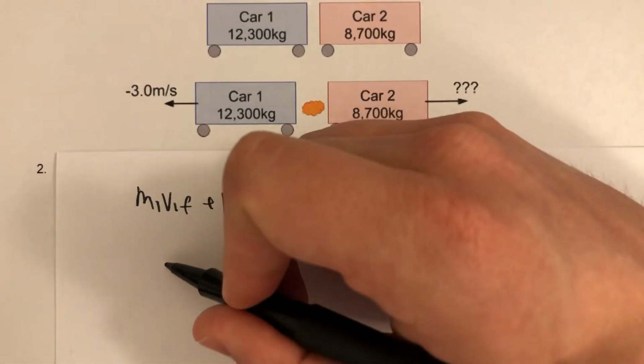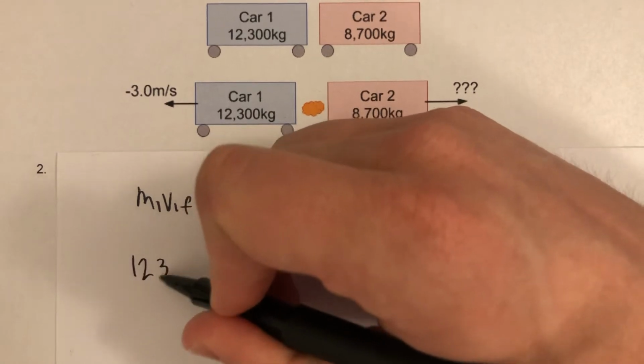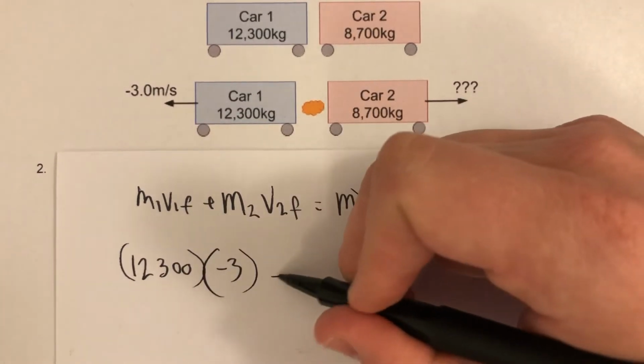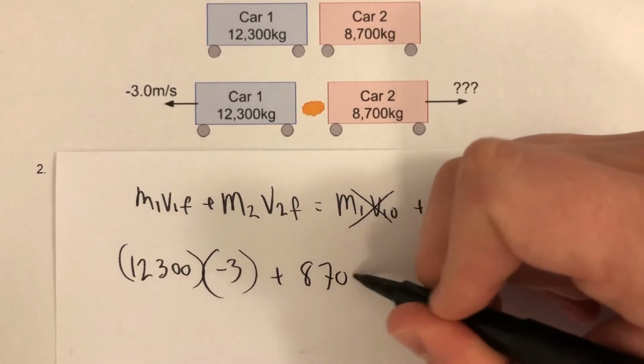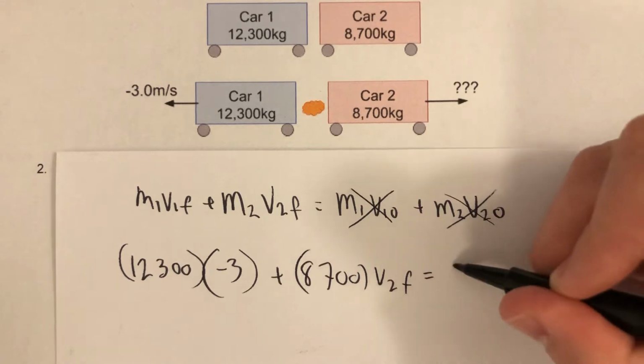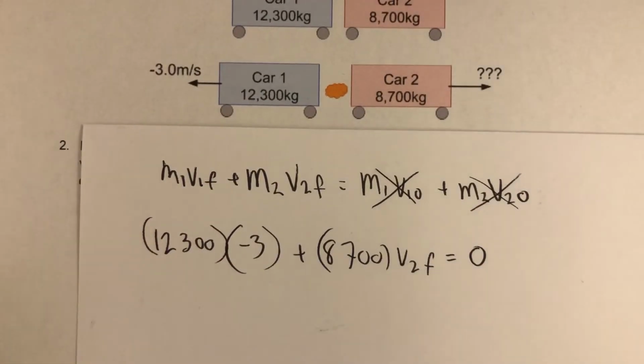So we have 12,300 times -3 plus 8,700 times V2F. We got 0 on the right-hand side. I'm going to subtract 8,700 V2F on both sides. I'm also going to multiply this, 12,300 times -3.